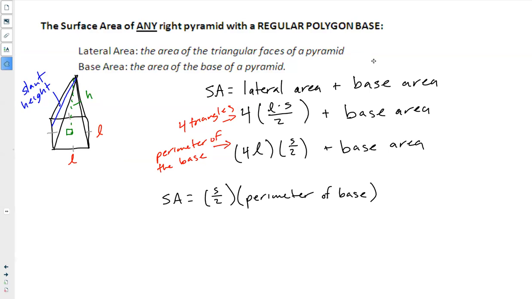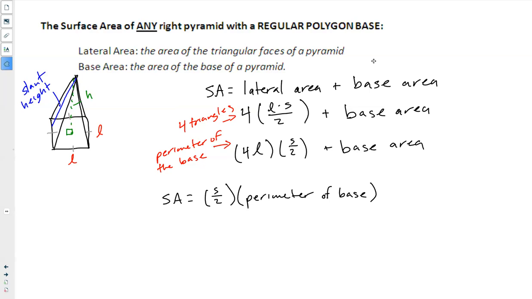So in this case, because all 4 side lengths are the same, you could multiply length by 4 to calculate the perimeter of the base. But if you have a pentagon or a hexagon as the base, you can just add up the perimeter and then multiply it by s over 2.